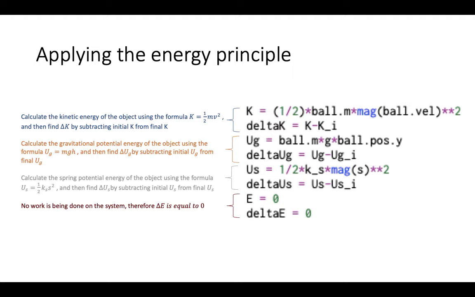We subtract the initial gravitational potential energy from the final gravitational potential energy to find delta UG. Finally, we calculate the spring potential energy by using the equation 1/2 times the spring constant times s squared. And we find delta US by subtracting initial US from final US. Because no work is being done on the system, delta E is equal to 0.